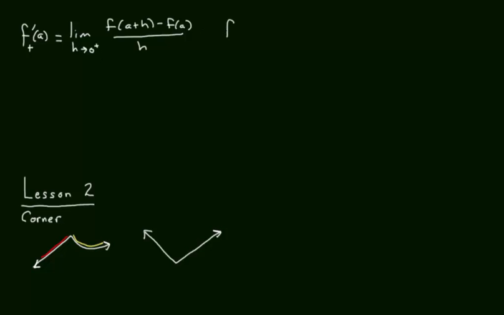And likewise, f prime of a from the left means the limit as h goes to 0 from the left of f of a plus h minus f of a. This is like one of the examples we did in lesson 1, but just now giving it some formal notation.